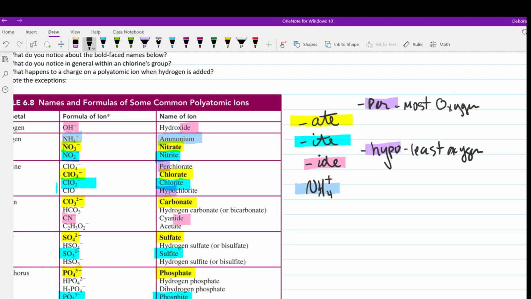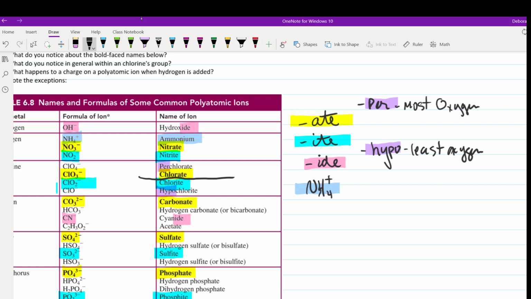Hypochlorite is the least amount of oxygen, and we can see that because it's ClO negative, but the perchlorate is ClO4 negative. So it has the most oxygen in the series, and we can draw a line between the two. So we have two chlorates ending in ATE and two ending in ITE. Iodine will follow the same series, bromine will follow the same series. So that's a pattern to think about.